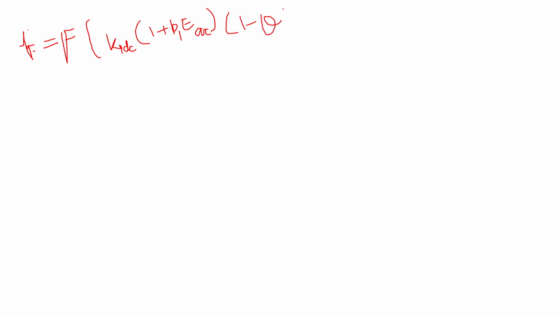So then when you are substituting, you will get something like IF equal to F into K1 DC (1 plus B1 EAC) minus θ dash EAC minus θ SS.